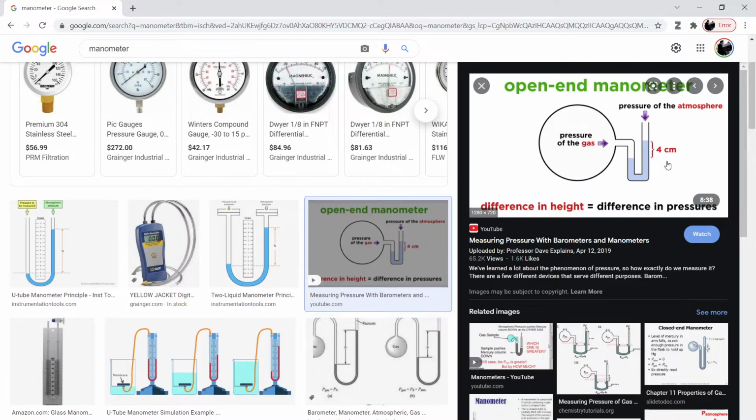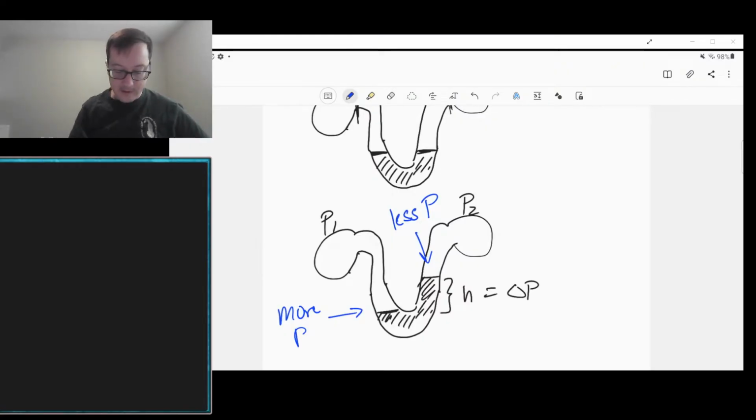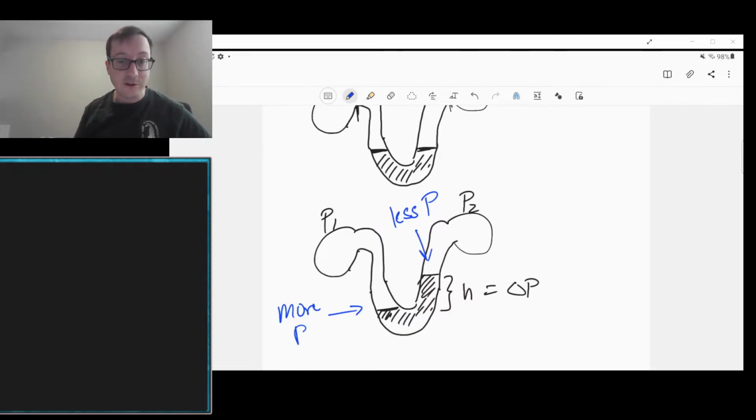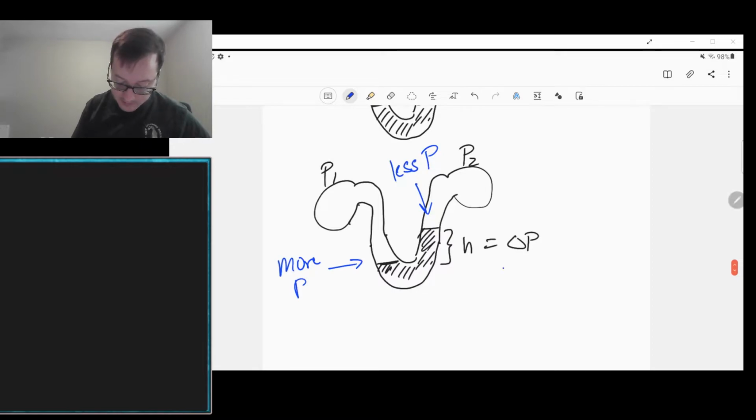So if we take a look at an open manometer like this one is, that means your second one. Let me switch back. In this case, we had a closed manometer, so we're looking at the difference of pressure, and that would be the difference of pressure between the two, which would be the difference between pressure 1 and pressure 2. That would be your height.